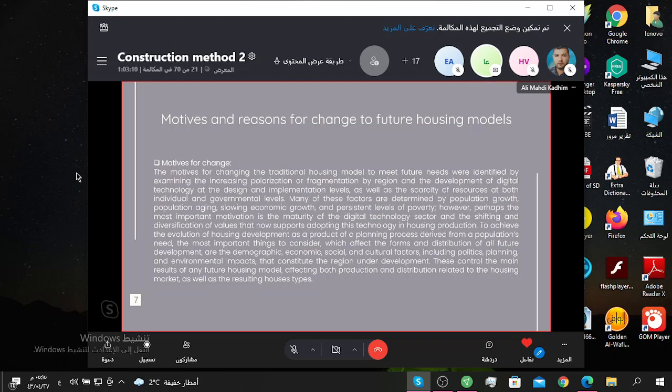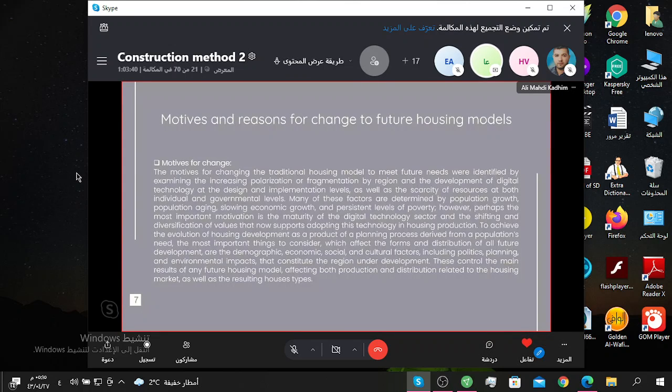Many of these factors are determined by population growth, population aging, slowing economic growth, and persistent levels of poverty. However, perhaps the most important motivation is the maturity of the digital technology sector and the shifting and diversification of values that now supports adopting this technology in housing production.